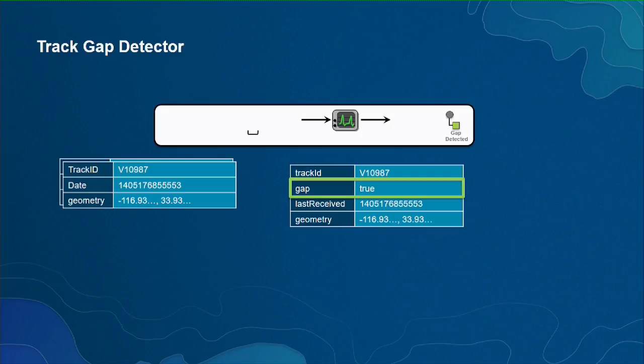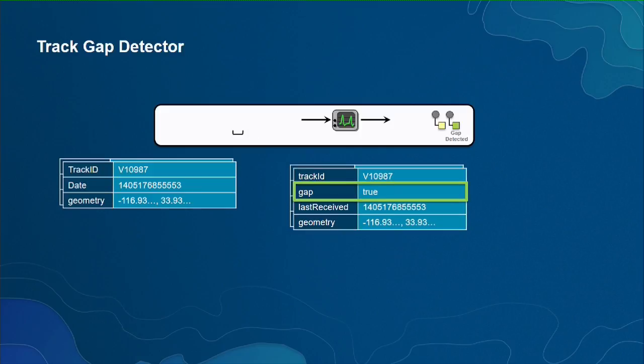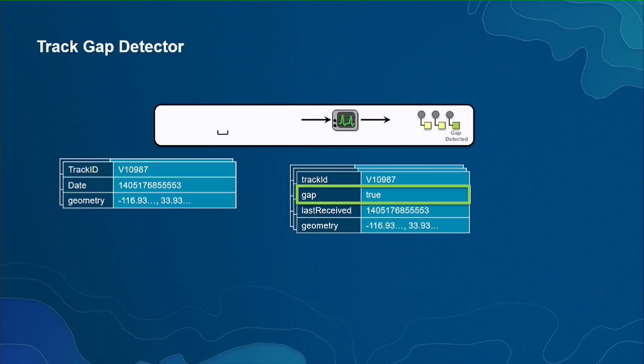And then that timer resets and it continues to tick, and every time it elapses without us receiving another update from our track, it maintains that true condition of the track gap, and it issues another track gap message.